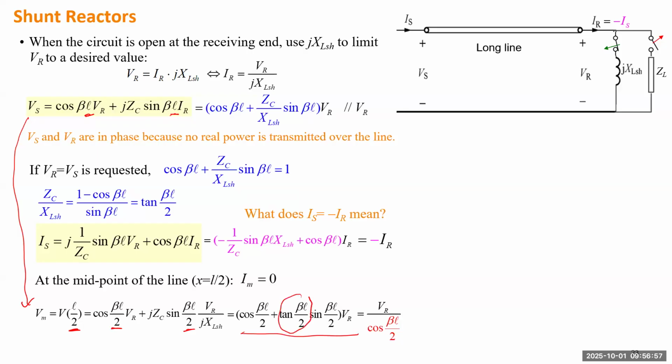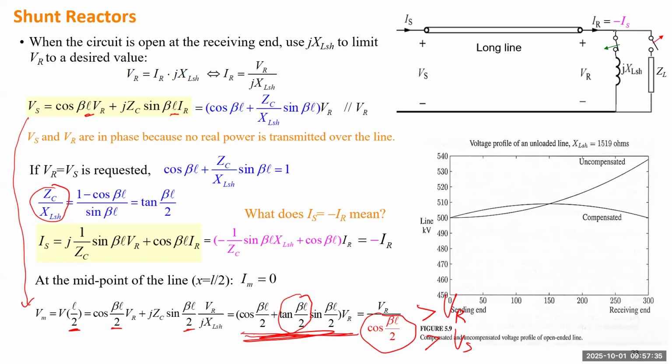So this tangent half of beta L comes from ZC divided by XL. So this factor is equal to 1 over cosine half of beta L. So this one is bigger than VR, also bigger than VS, because we already made VR and VS equal. So at the midpoint of the line, the voltage is higher than the voltage on both ends.